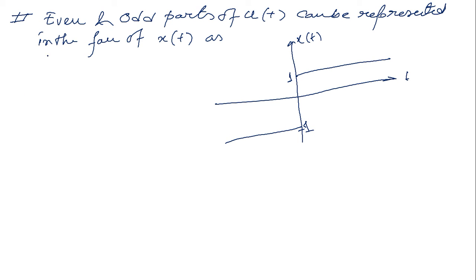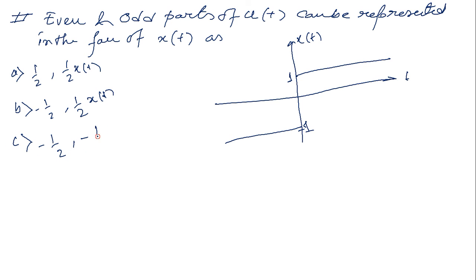This is the question. The options they have given: A, half, comma, half x of t. B, minus half, comma, half of x of t. C, minus half, minus half x of t. D, half, comma, minus half x of t.